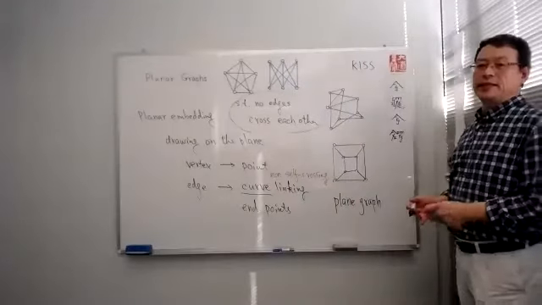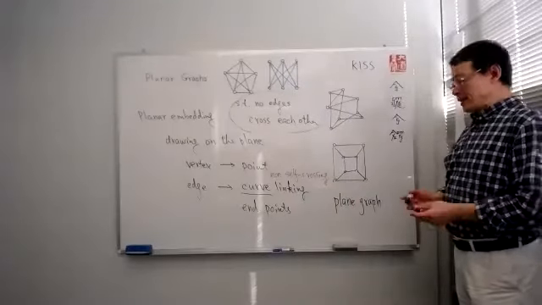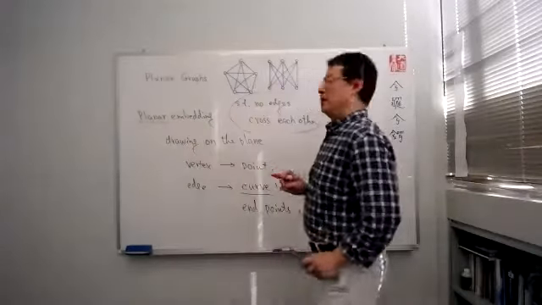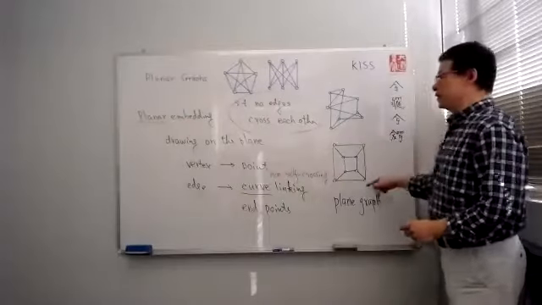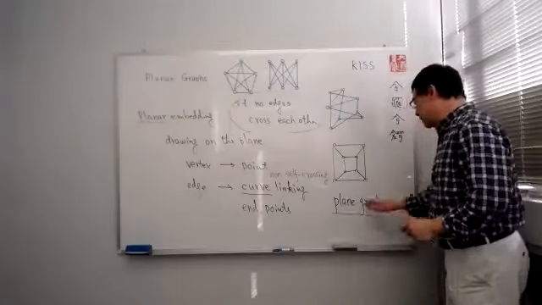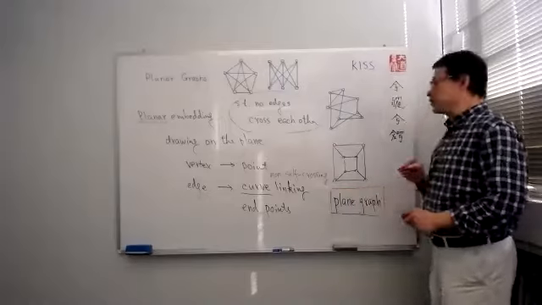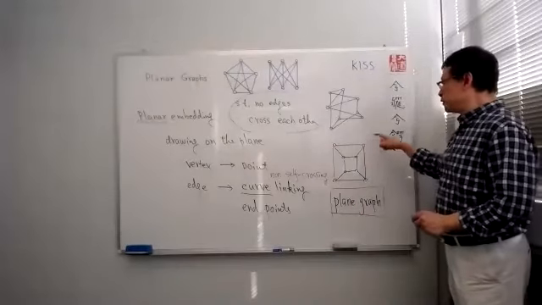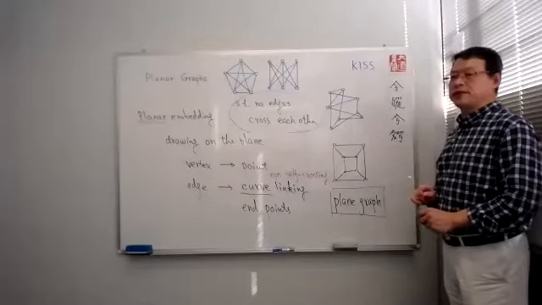Such an embedding is called a planar embedding. All right. The keyword is planar, the embedding is planar. So this one is a plane embedding. And the graph drawn on a plane, as I explained before, is called a plane graph. So this one is not a plane embedding, but this one is. So this one is a plane graph, but this one is not a plane graph.